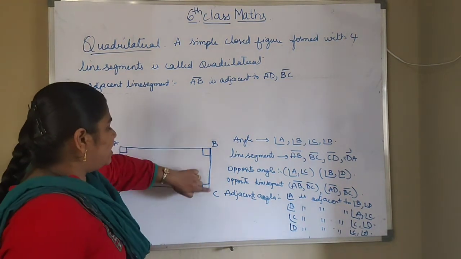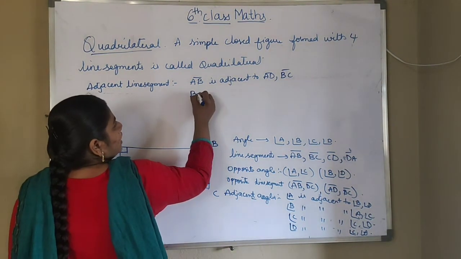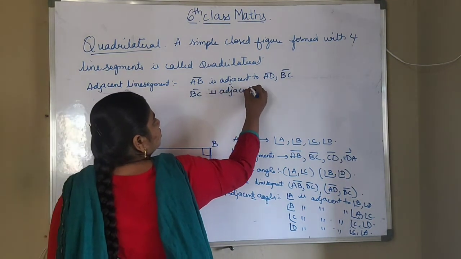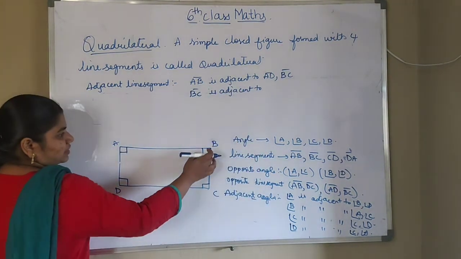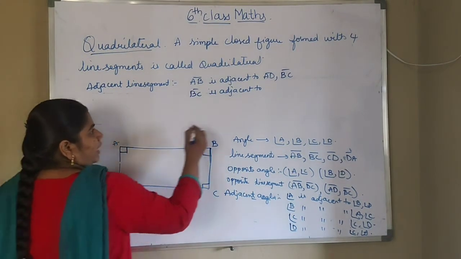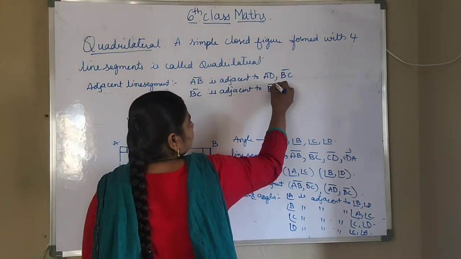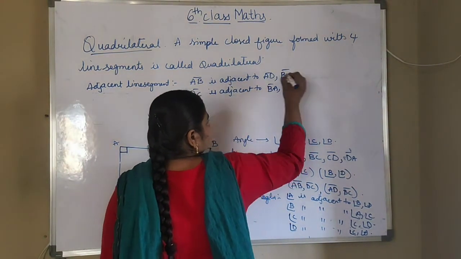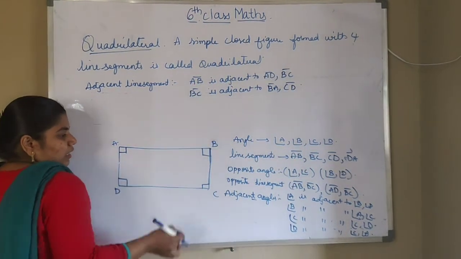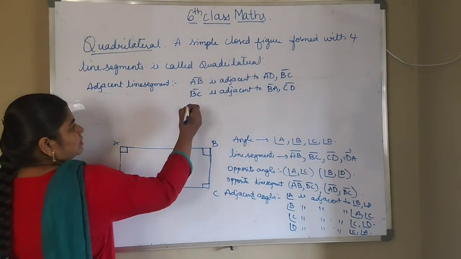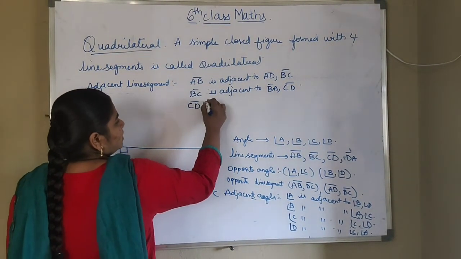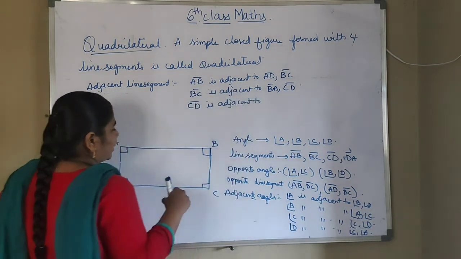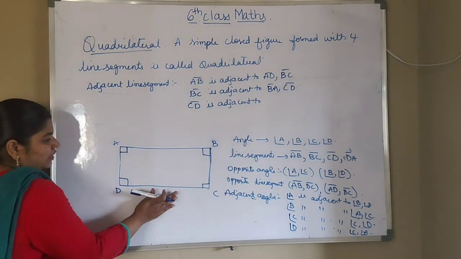Next is BC line segment. BC is adjacent to which sides? That is BA line segment and CD line segment. This is for BC. Next is CD line segment. What are the adjacent sides for CD?